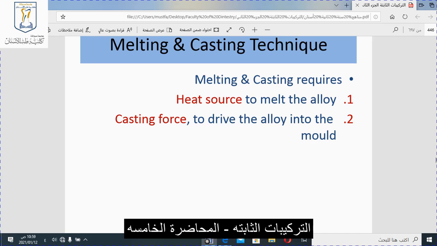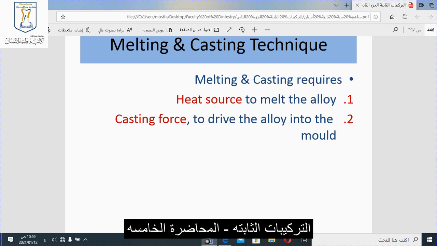Casting forces introduce the melted alloy inside the mold to fill the mold. So for melting we need a heat source to transfer the alloy from the solid state to the liquid state, and the casting force is the force to push the melted alloy to fill the mold which was produced by the investment material, which is empty after the burnout.